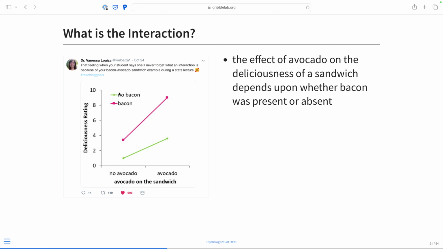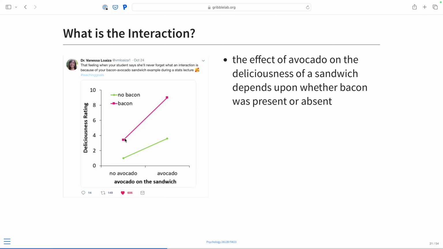And the other factor is whether there's bacon in pink or no bacon in green. So regardless of whether there's bacon or not, adding avocado to your sandwich increases the deliciousness, right? If there's no bacon, then avocado is more delicious than no avocado. If there is bacon, avocado is more delicious than no avocado.